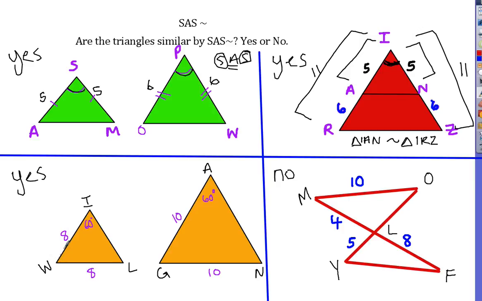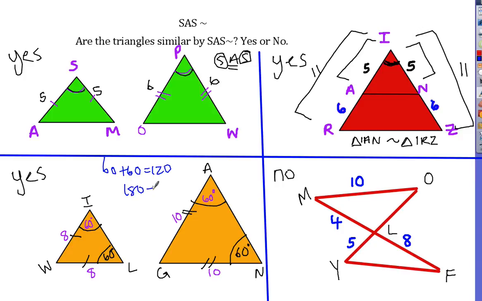When I look at this one, it's yes, because if you look, this is isosceles and the other triangle is also isosceles. Because of the isosceles triangle theorem, we know that the base angles across from them are congruent, which means that they both have to be 60. So right there, then and there, I have enough to use angle-angle. Two angles sum to 120.